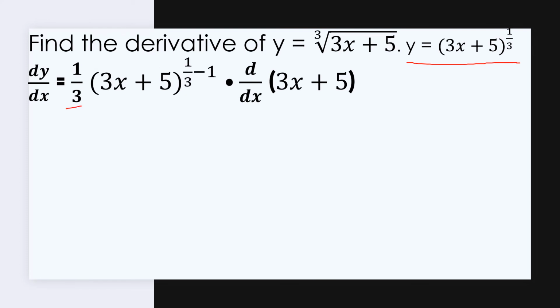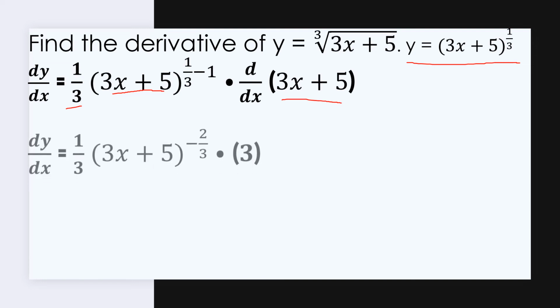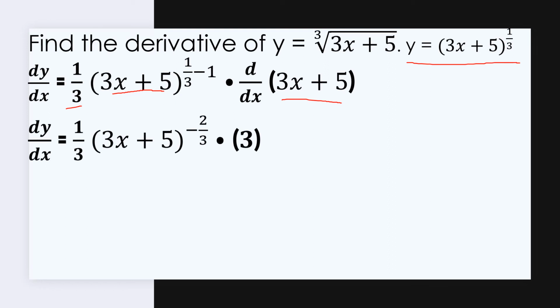Copy the function, 1/3 minus 1 times the derivative of 3x plus 5, which is 3. For 1/3 minus 1, make 1 a fraction with denominator 3: 1/3 minus 3 over 3 is negative 2/3.